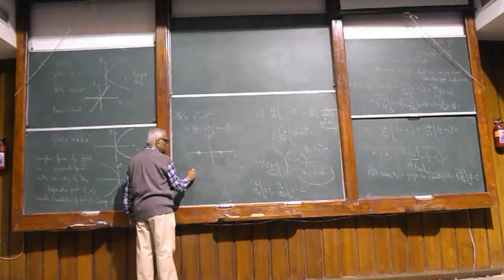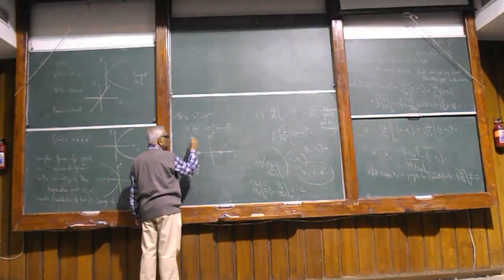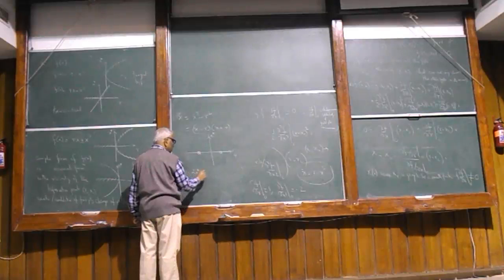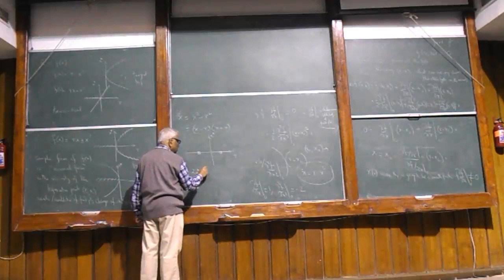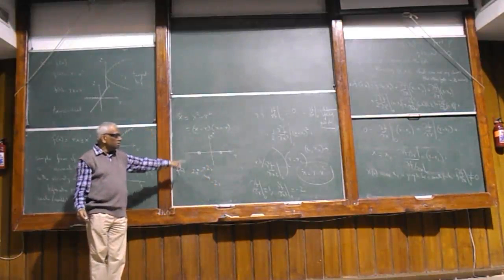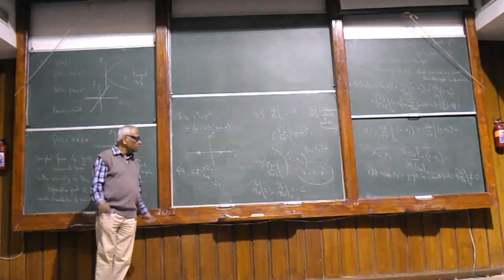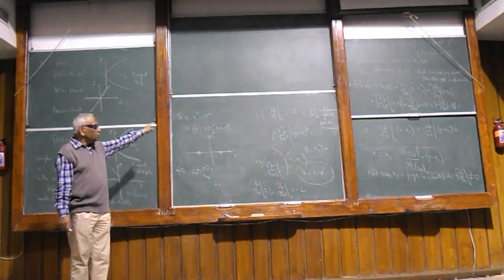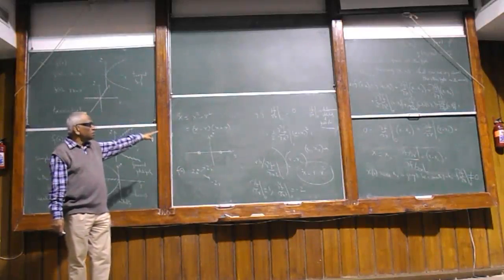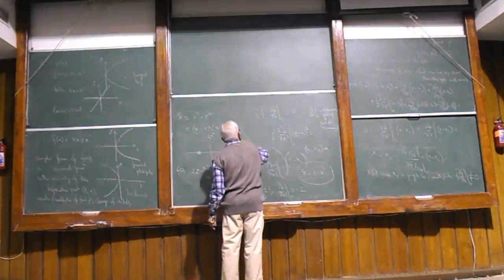Stability is determined by f prime of x star, which is 2x star, which is 2r in one case and minus 2r in the other case. And there is exchange of stability as r changes sign. And x minus r into x plus r does have this form of intersecting straight lines.